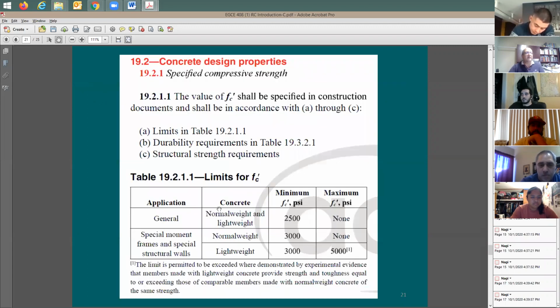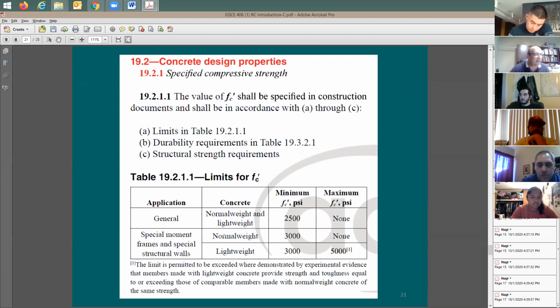What is the maximum concrete strength that you can use as normal weight in construction? Can someone help me with this? That would be 5,000, right? Where is this? How do you see? Where it says maximum f'c, psi.